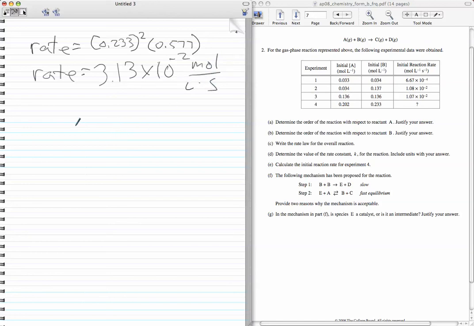Okay, and so we have that, and then they give us a proposed mechanism for the reaction, and it asks us to provide two reasons why it's acceptable. Anytime they give us a mechanism, they're looking for two things to see if it's acceptable. First of all, if we add up the two steps of the reaction, it needs to come out to the same thing as the overall reaction.